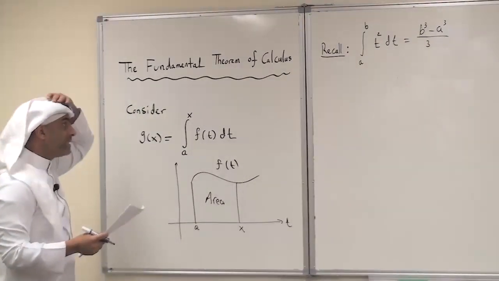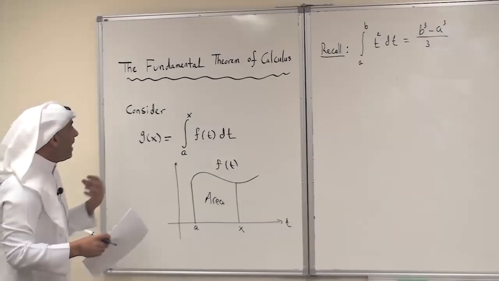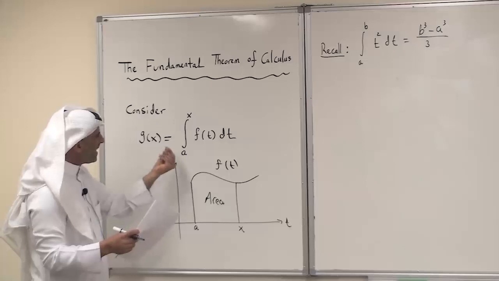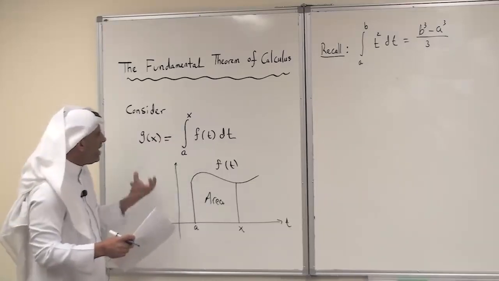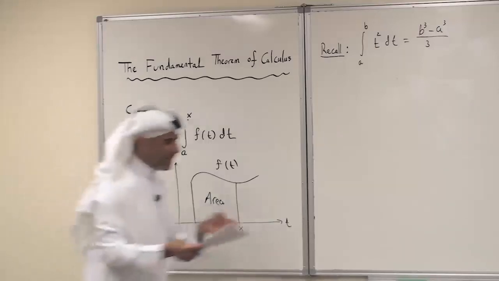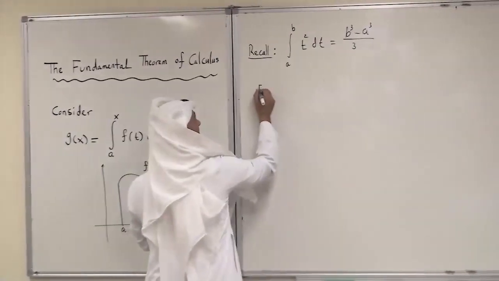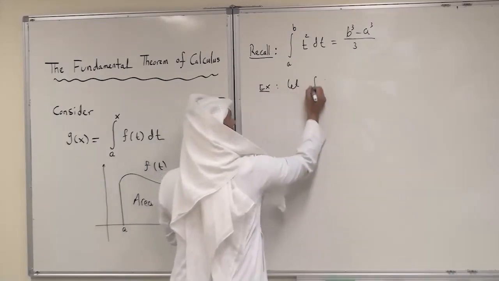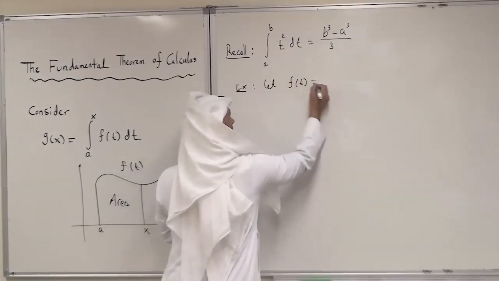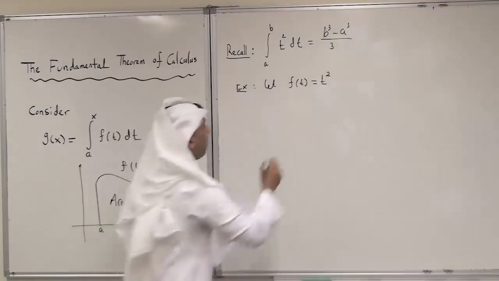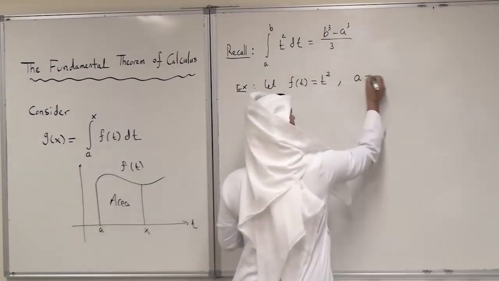Now, what is the experiment I need to do? I need to convince myself that this is a well-defined function, so I will take a specific exercise to see how to calculate these functions at a certain point. As a small exercise, I will specify our f of t to be just t squared, and I will fix a to be equal to 0.